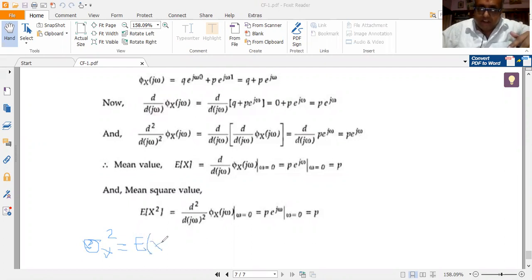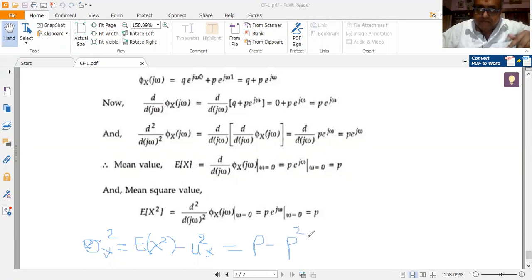Why not? Because for practical cases, we do find the variance of a Bernoulli distribution. So E of x squared is simply given by P. I think it is not equal to 0. It should be equal to some other quantity. So P minus E mean the whole squared, right?